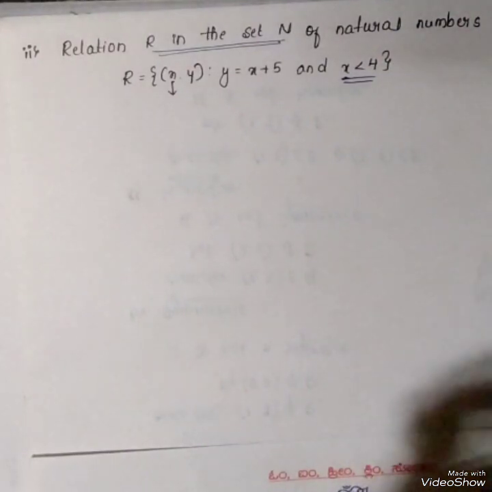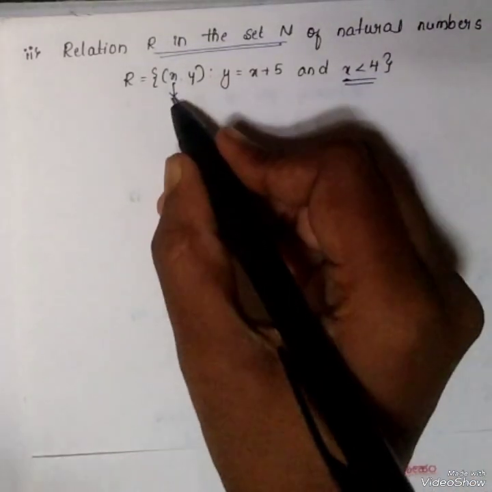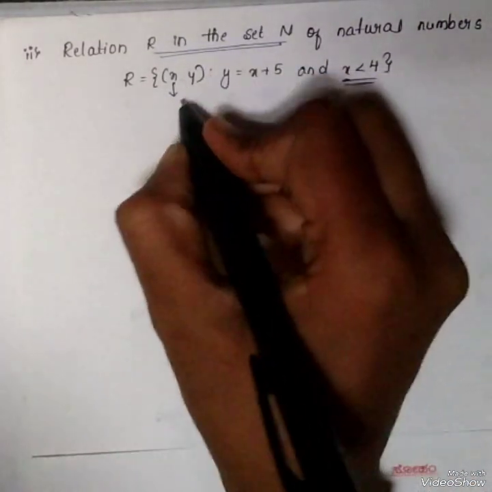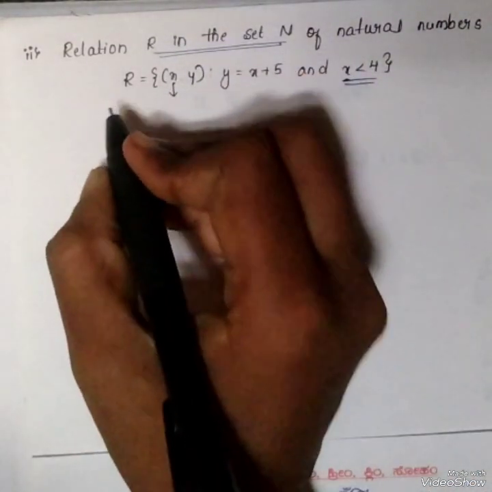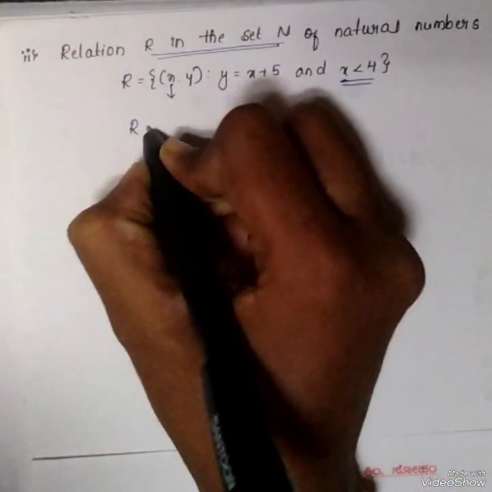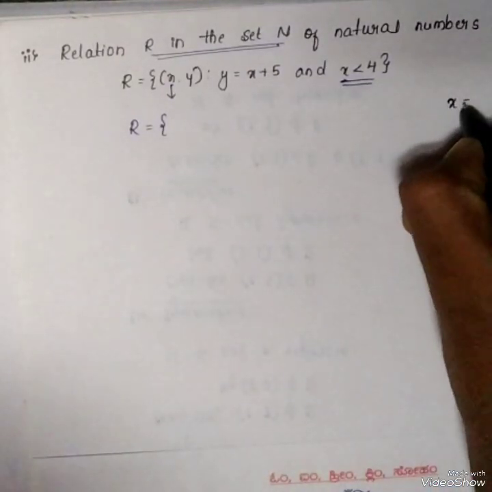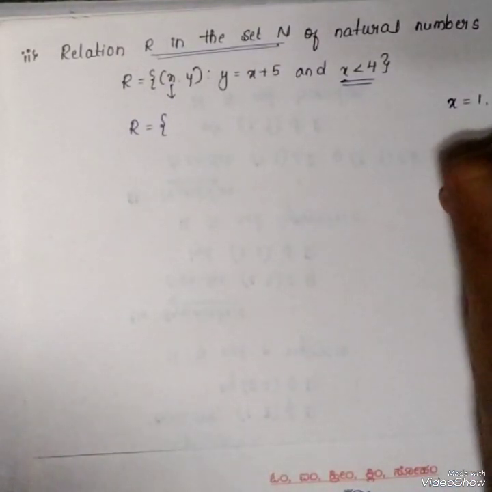What are the natural numbers? The numbers start with 1 and are positive. So the values of x are 1, 2, 3.